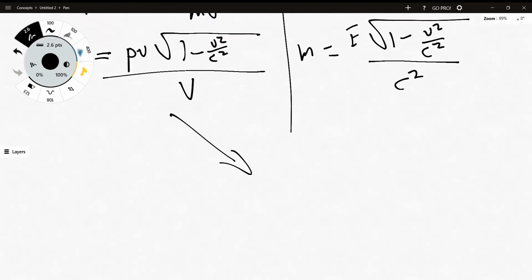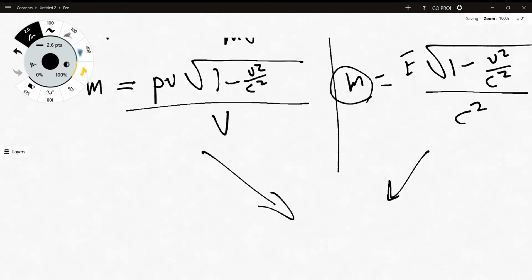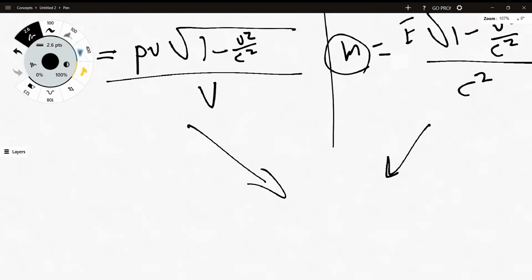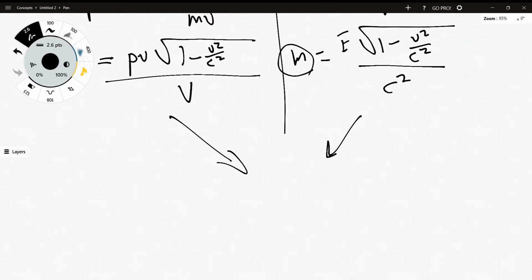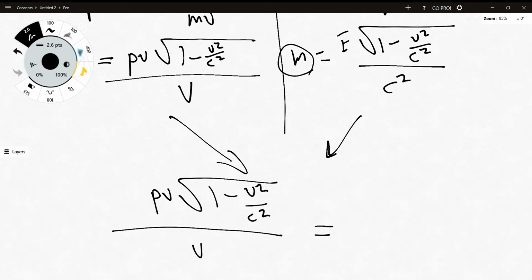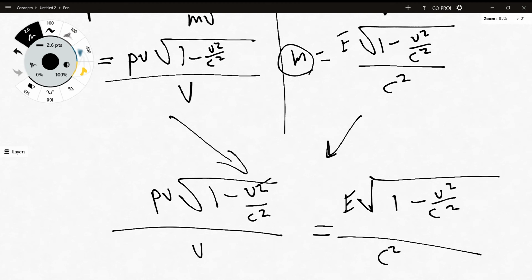And now they equal each other. They both equal m. Now what we can say is PV root 1 minus v squared on c squared on v equals e root 1 minus v squared on c squared on c squared. Cancel both of these.